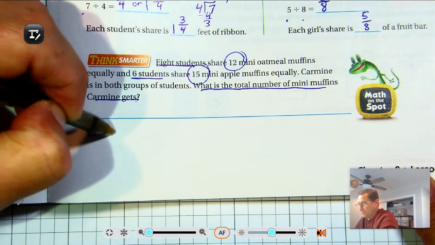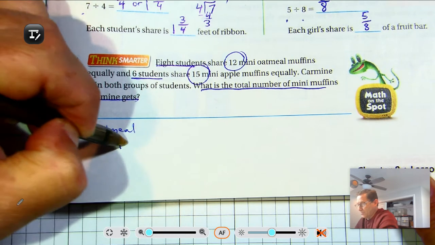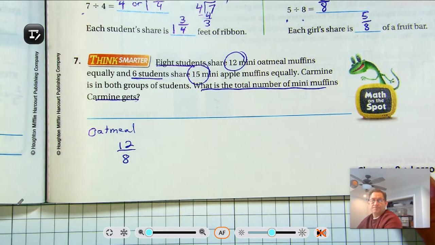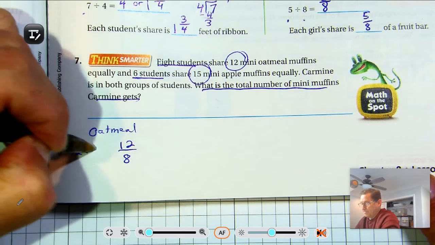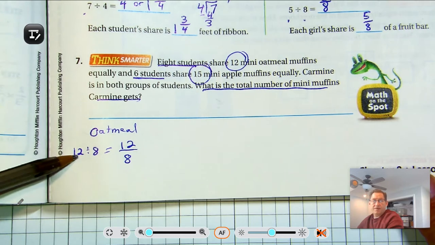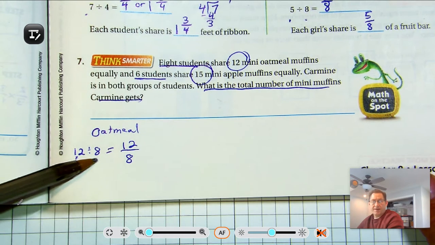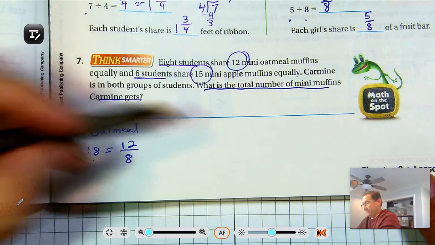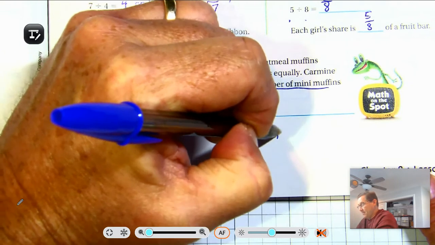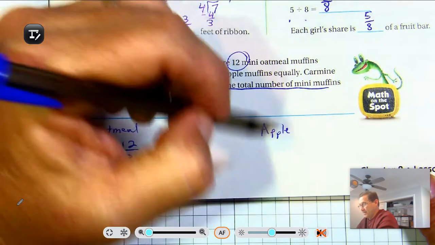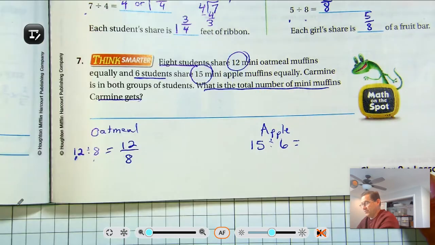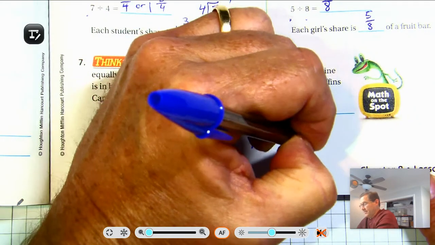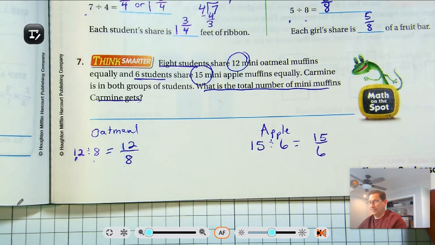So oatmeal is 12 divided by 8. There's 12 mini muffins. There's 8 students sharing it. So that's the same as saying 12/8. The apple muffins, there's 15 being shared with 6 students, which is the same as saying 15/6.